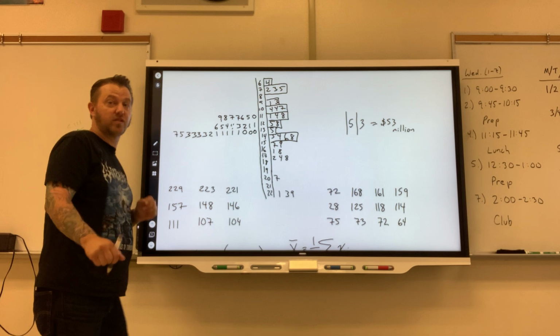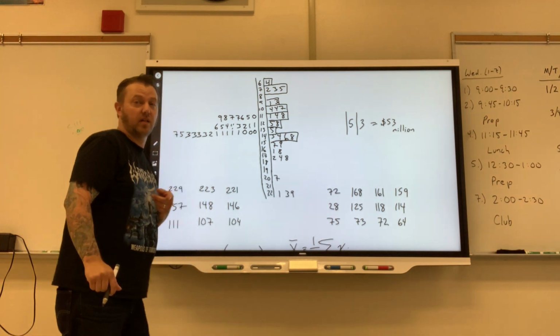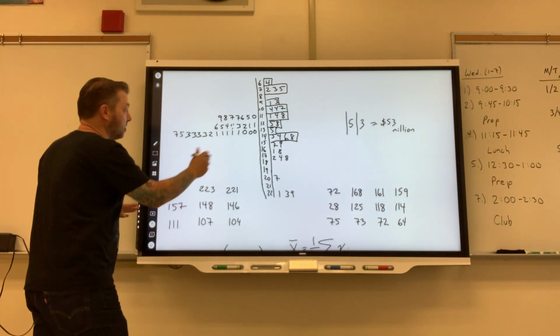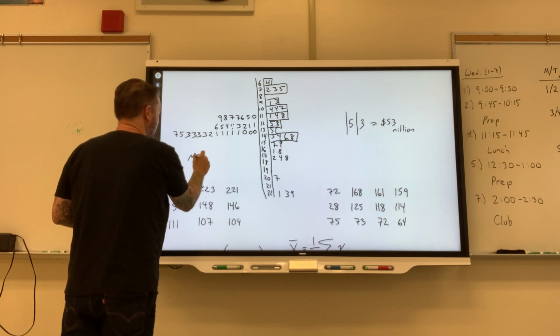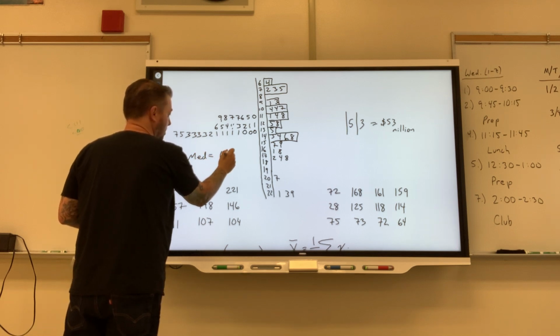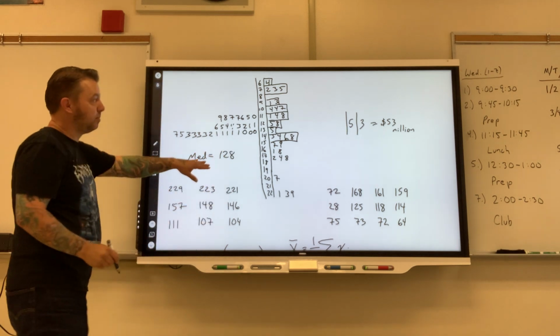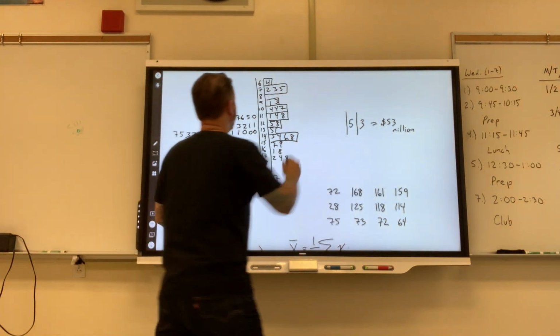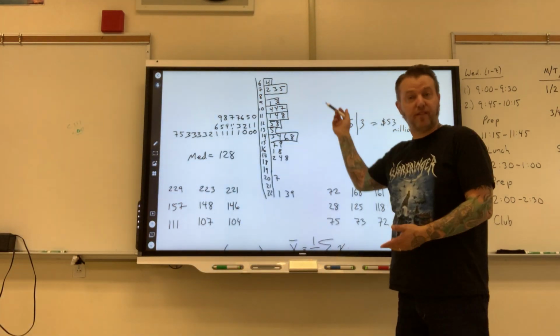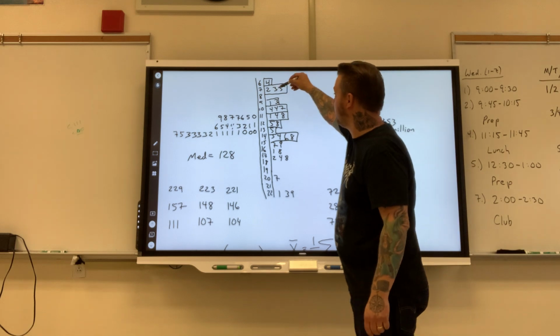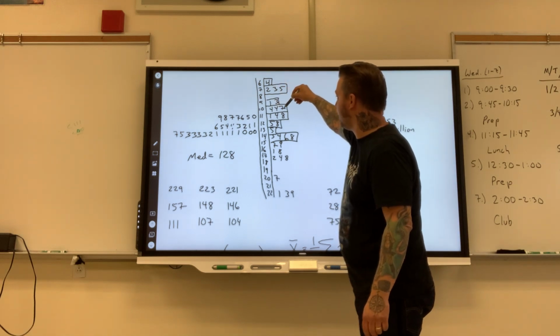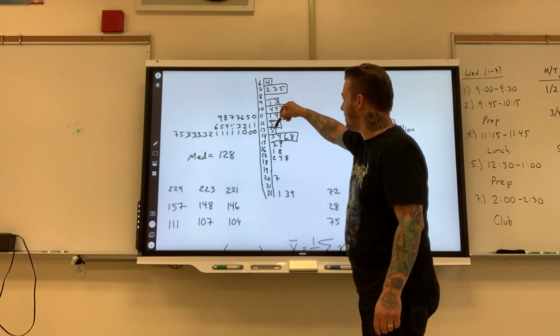If there's two medians, do we remember what to do? That's right, you average them together. Good, so it's going to be 128 million. Over here, it's between 15 and 16 because there's 30, so 1, 2, 3, 4, 5, 6, 7, 8, 9, 10, 11, 12, 13, 14, 15.